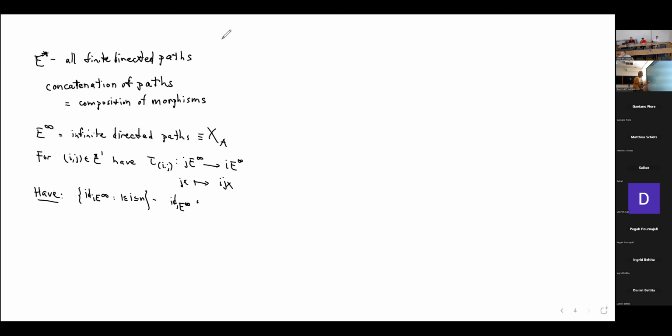And if we compose two different ones, that's empty if i is not equal to j. And we have the tau.